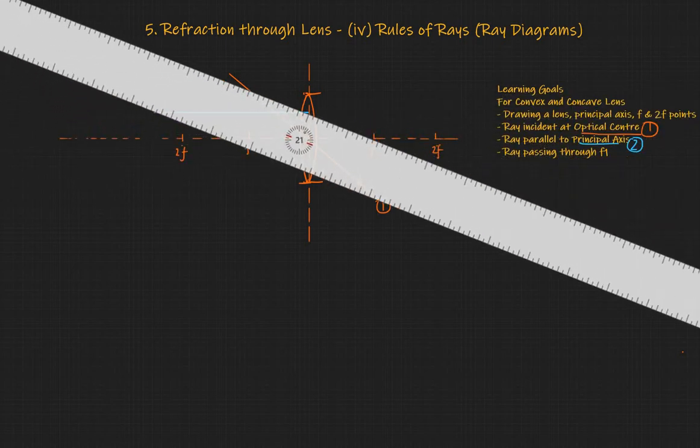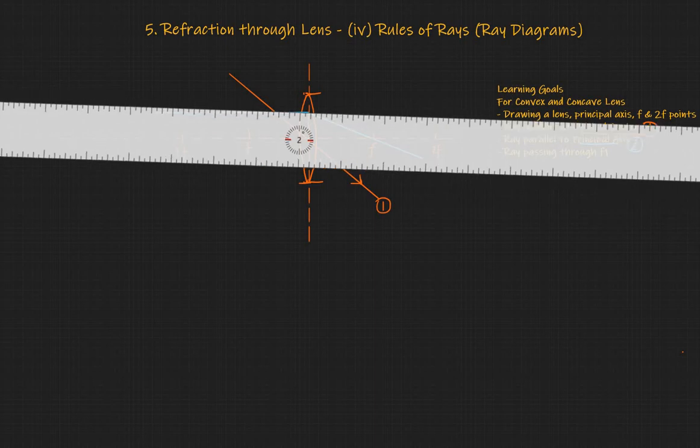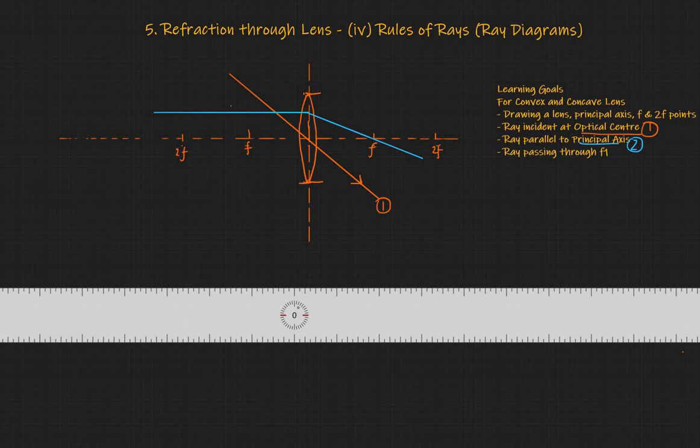So let's draw using scale that this ray goes through the focus. So this is the second rule of our ray diagrams. It's very important to mark these arrows to represent how the rays are coming or going.